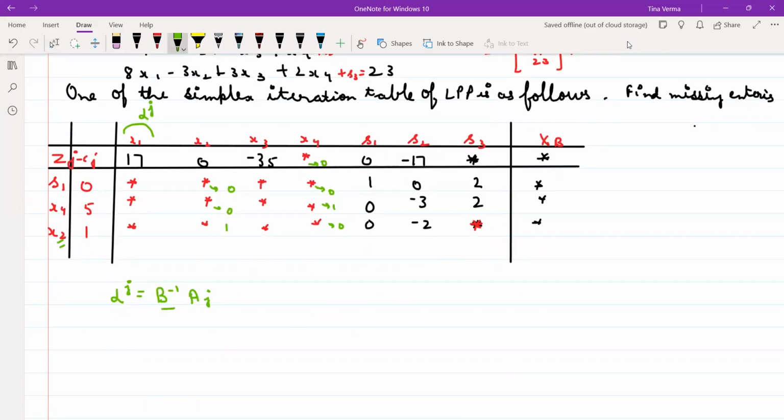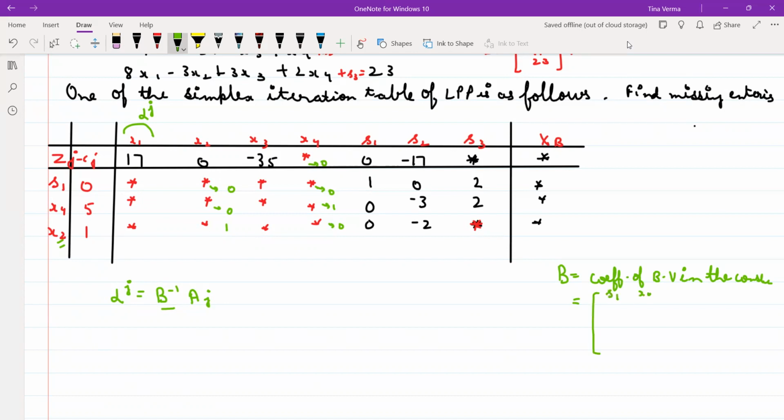Now what was my B matrix? What did I make the B matrix? That is the coefficients of the basic variables in the constraints. I made you write this in the last class: B is the matrix of the coefficients of the basic variables. Now which are my basic variables? What are my basic variables?